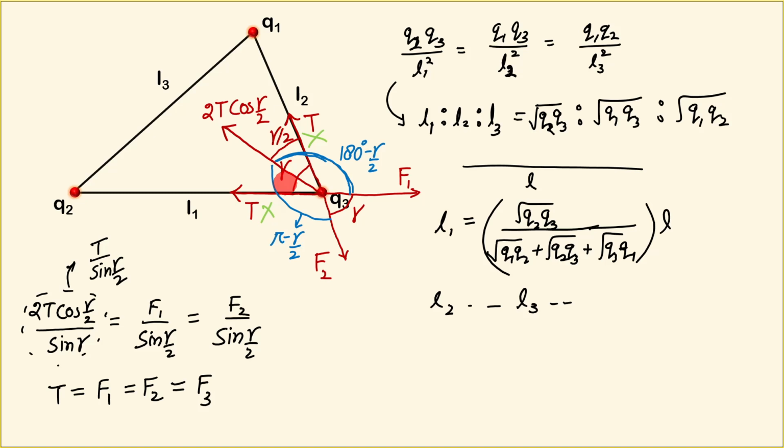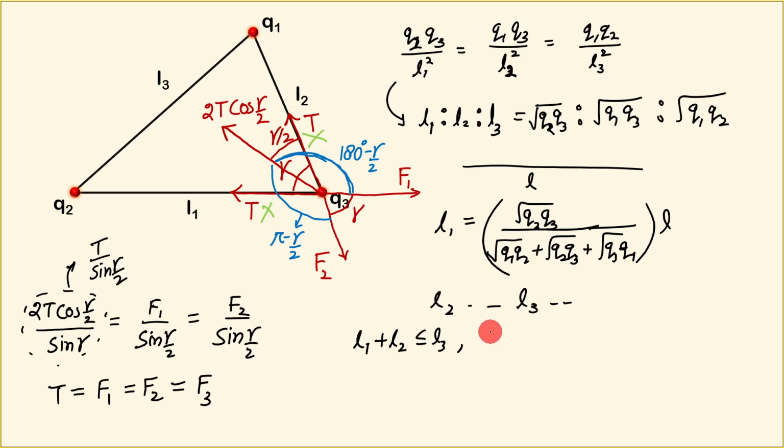In this case it is never going to be a triangle in one line, but even so, mathematically we can say that the sum of two sides, L1 plus L2, let's say, is less than or equal to L3.